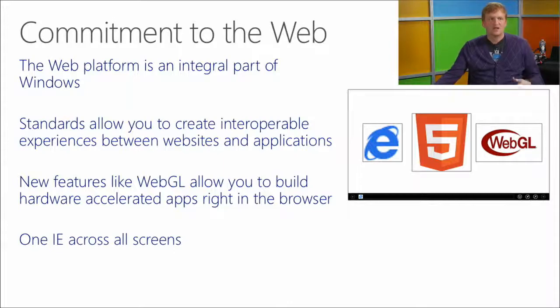But we've introduced a lot of new features into IE 11 with Windows 8.1. And standards is one of those areas that we continue to develop. We want to adopt more web standards. We want to make it easier for developers to write not only for Windows, but to write one web app that works across all platforms.